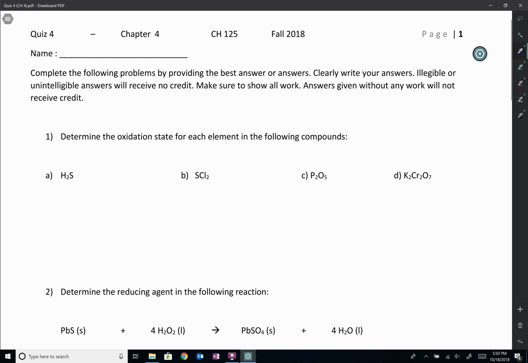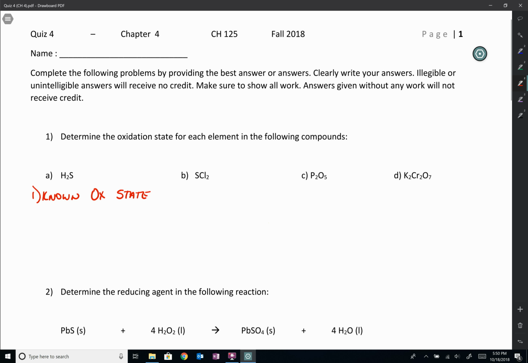Because the way we're going to solve all these problems is we have to have a known oxidation state, right? So we have to look in the compound that we're examining, and we have to identify a known oxidation state.